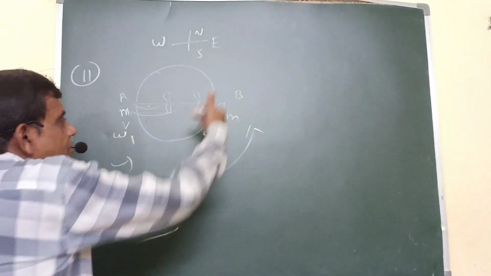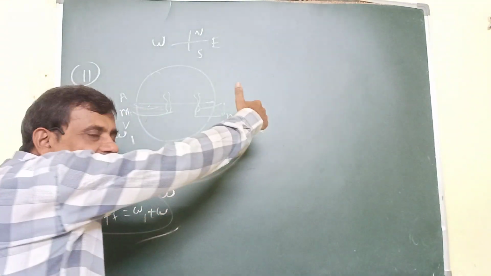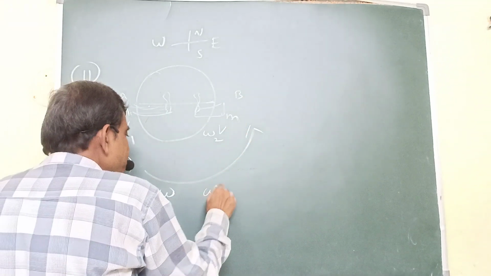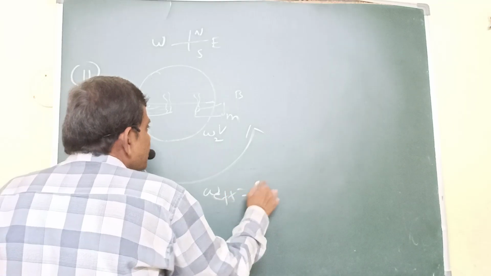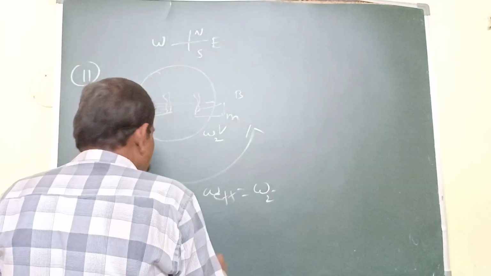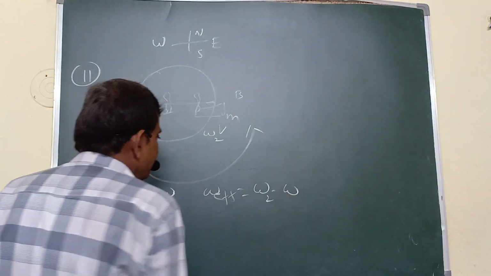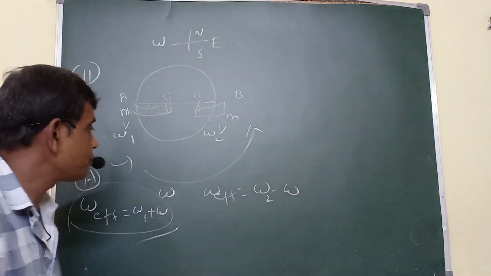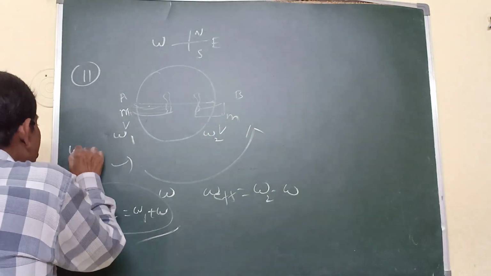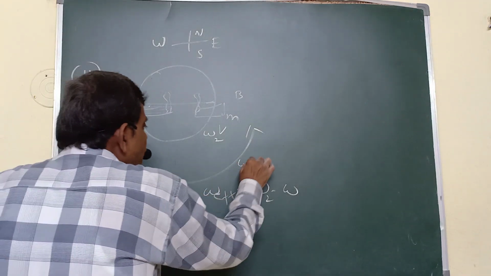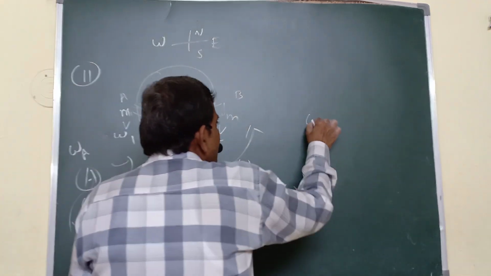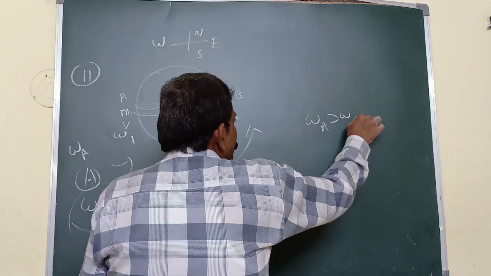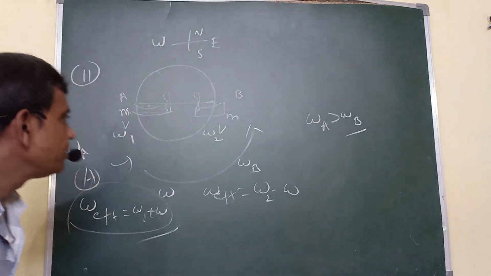What about this? This is moving like this. The angular velocity of the earth is like this. So what about this effective one? Omega 2 minus omega. So in this case plus happened, in this case minus happened. So definitely, omega A value is more than omega B.